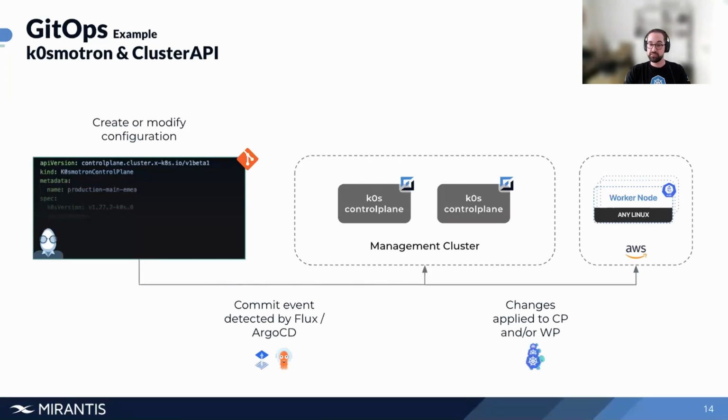And there's tooling, like Flux or ArgoCD, that looks into those different YAML files, those different resources that need to be created, will see those changes or events in Git and will apply them to the management cluster. And the management cluster has all the controllers, as we already had a look into those different controllers. And we'll create the control planes and the worker nodes in different other infrastructure providers too.